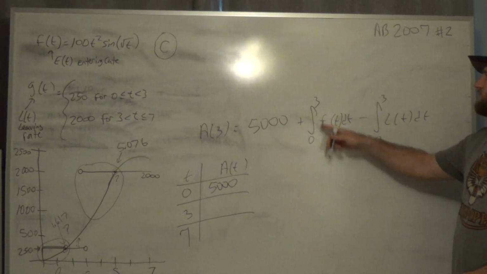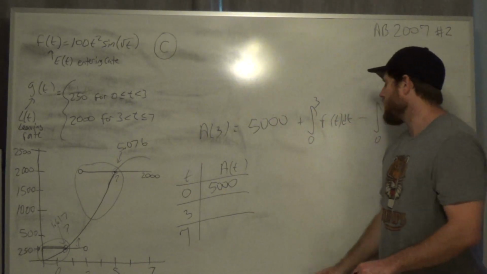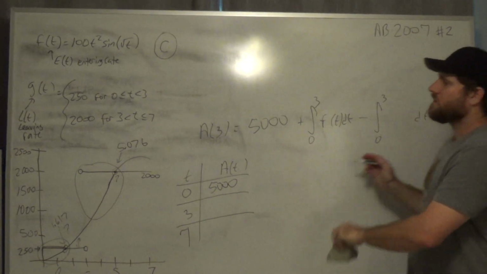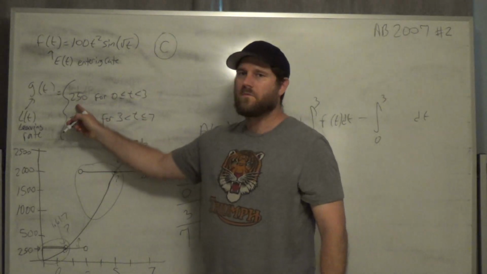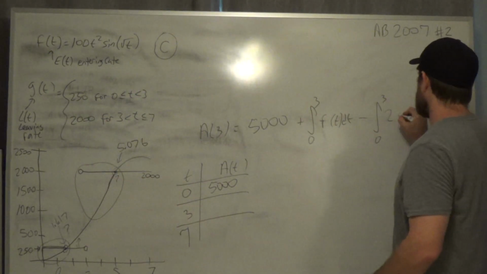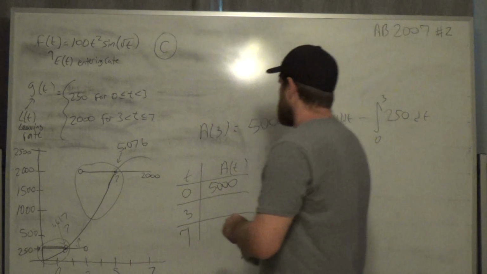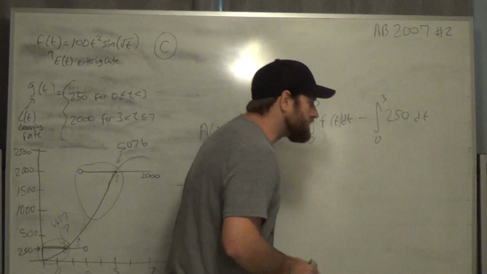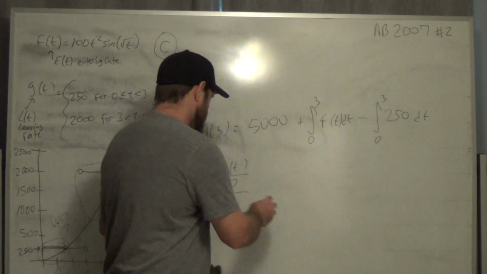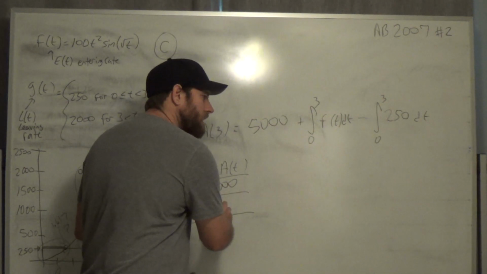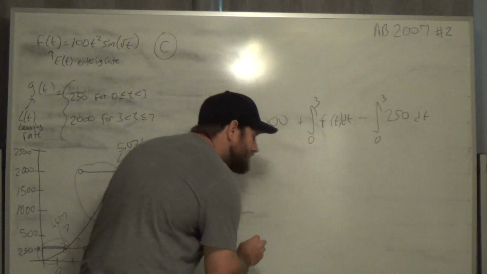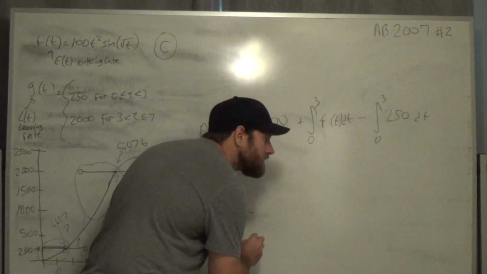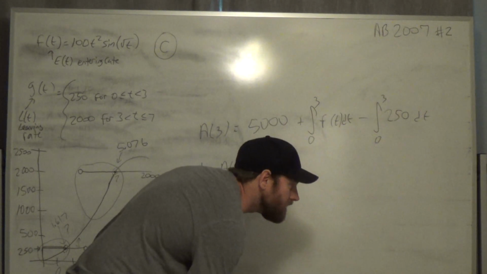How much we lost from time 0 to 3, we lost 250. So again, 5,000 plus how much we gained minus how much we lost. And if we type that into the calculator, we get 5,126.591.